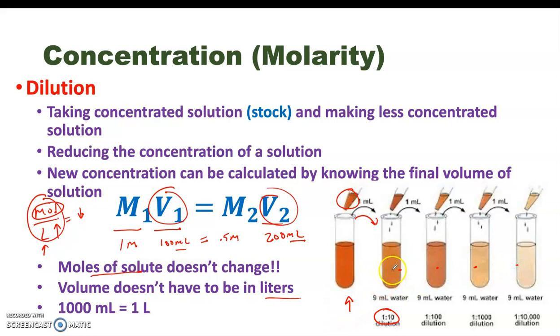It's a 1 to 10 dilution, then another 1 to 10, another 1 to 10. Now it's a 1 to 100 from the original. Now it's a 1 to 1,000 and then a 1 to 10,000. So this solution is 10,000 times less concentrated than the original if you do a dilution sequence like this.